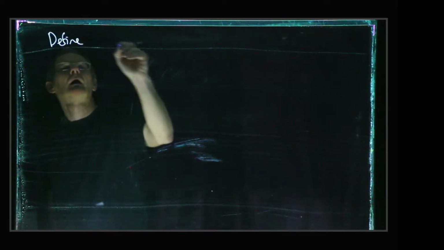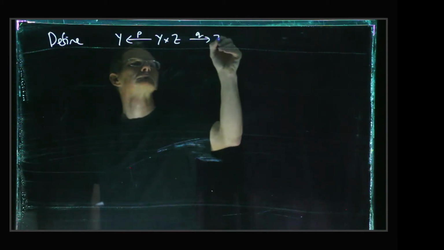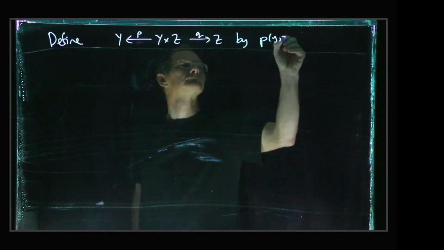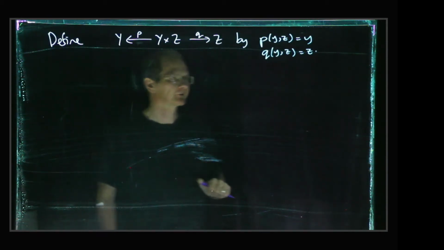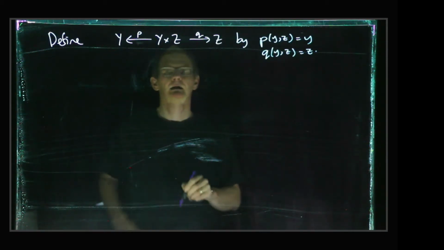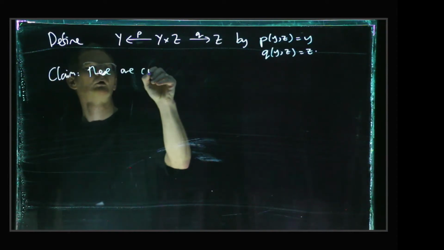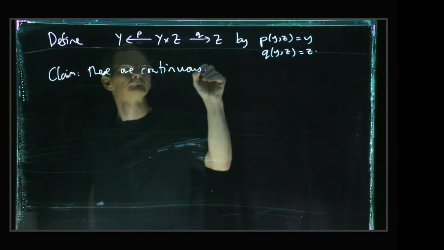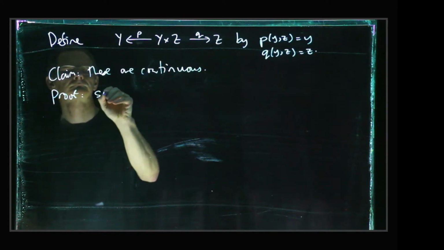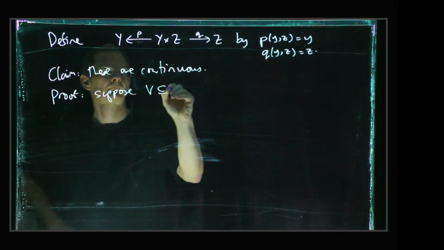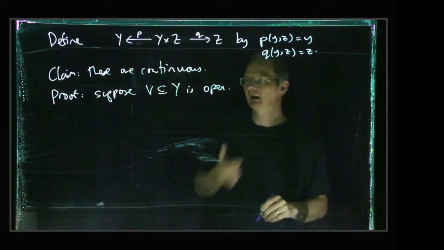Firstly, we're going to define projection maps P and Q. So P sends YZ just to Y, and Q sends the pair YZ just to Z. And we want to claim that these are continuous. So let's suppose that V is some open subset of Y.